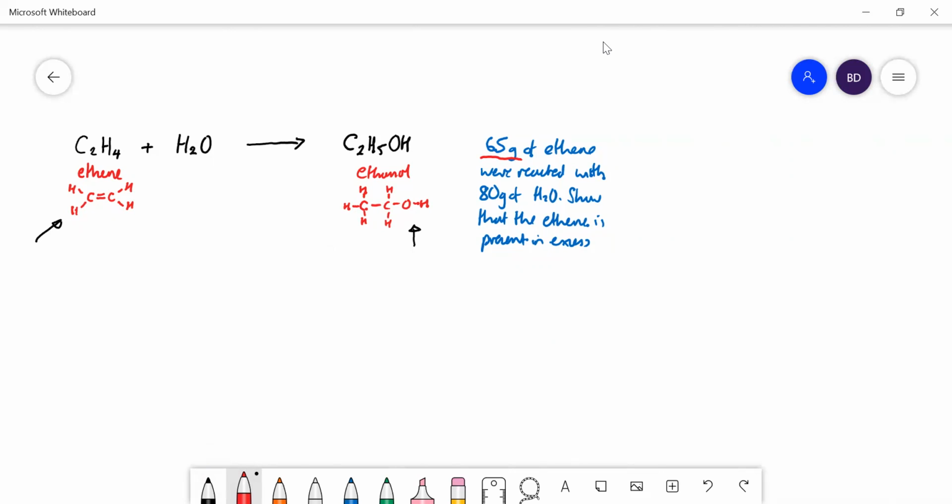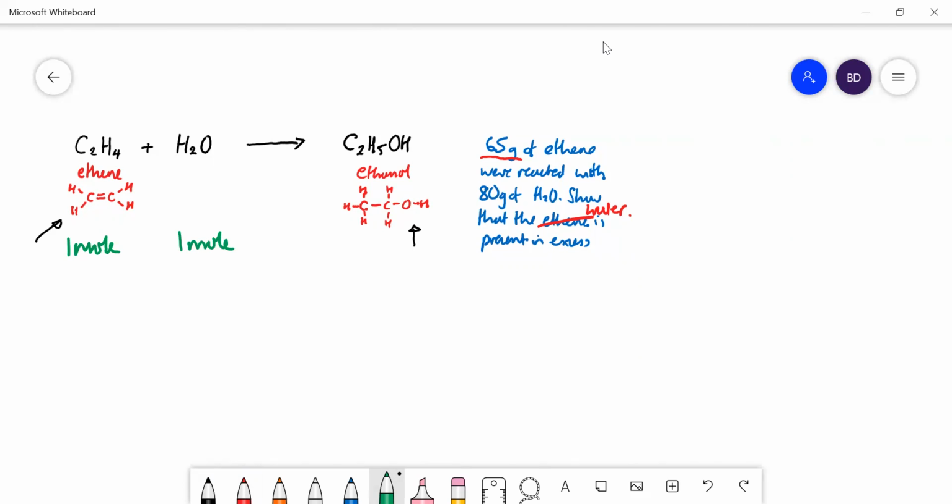Show that the water is in excess. This is quite an easy ratio because we know that 1 mole of ethene is going to react with 1 mole of water.